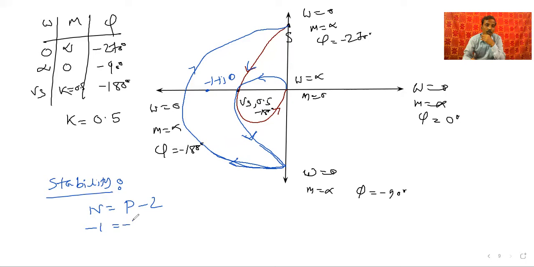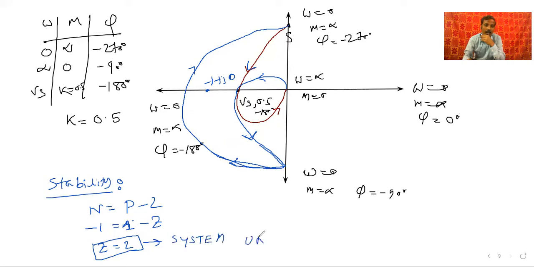And P equals 1, because there is one pole at the right hand side. So Z equals 2. That means the system is unstable.